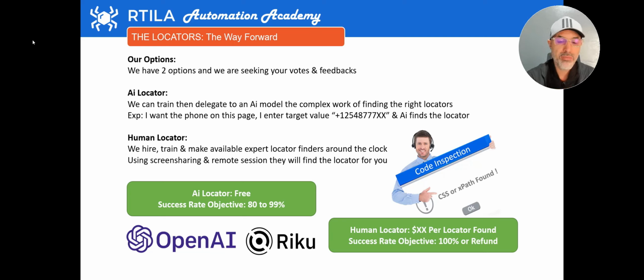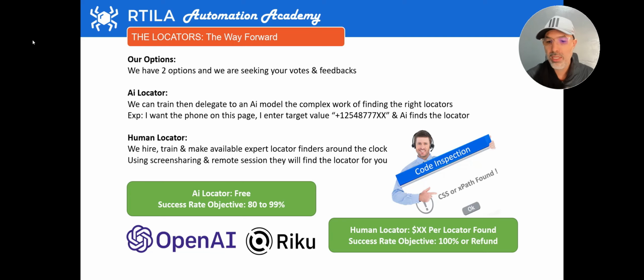But let's say for the remaining 1% or 10% of the automations where you're just blocked because of one locator, just like the example of calling Sanjay, we're thinking to train, certify, and equip a team of expert locators that you could call from within RTILA while you're stuck in a particular place, window or locator.